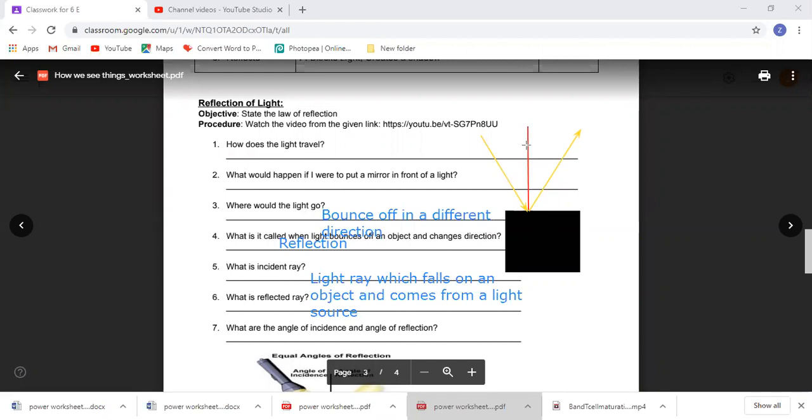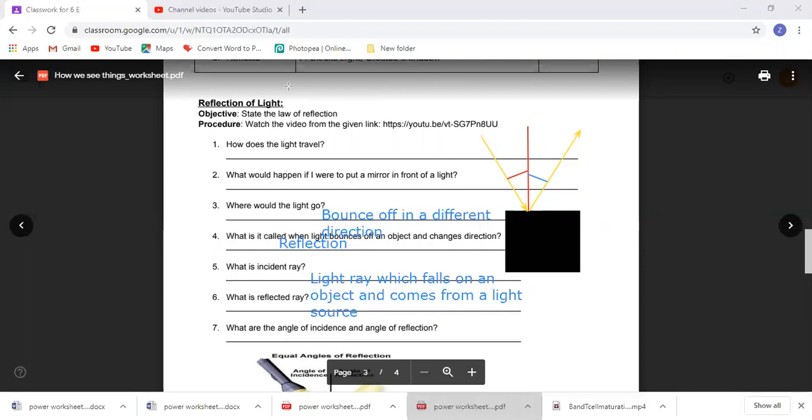So it has two names, this red line. It's either called a normal or a perpendicular line. So this is a 90-degree perpendicular or normal line. So the angle that is between this incident ray and the normal is called the angle of incidence, and the angle between this reflected ray and the normal is basically called the angle of reflection.